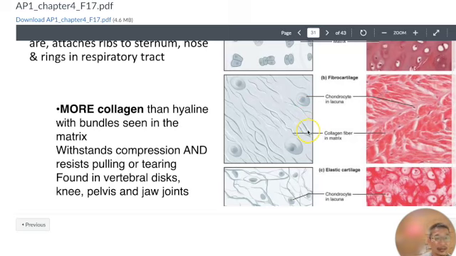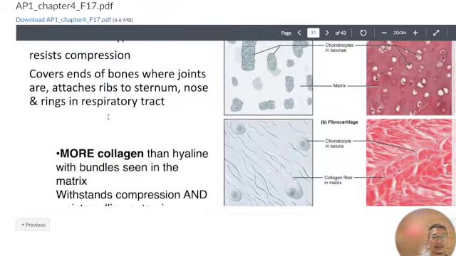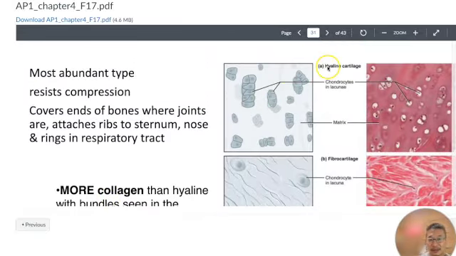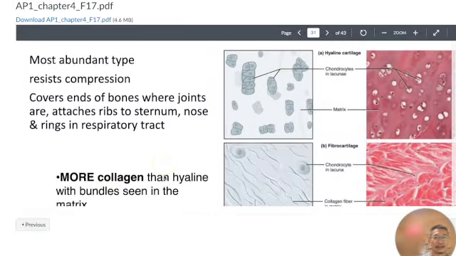It's more tough. It's got more collagen. It's usually found in your spine, in between the cushion. That's fibrocartilage, so it's got more collagen than the hyaline cartilage.